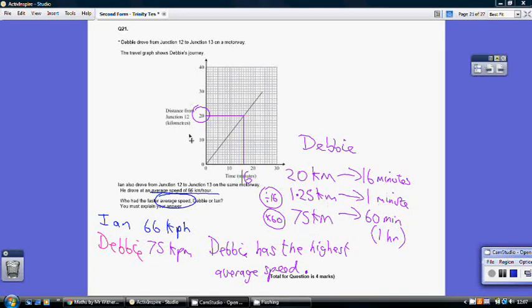Again, say I'd taken 25 kilometres in 20 minutes, I'd have just timesed that by 3, again giving me 75 kilometres in 60 minutes. So Debbie's travelling at 75 kilometres per hour, Ian's travelling at 66 kilometres per hour, so Debbie has the highest average speed.